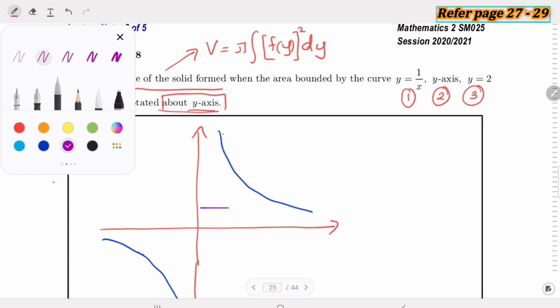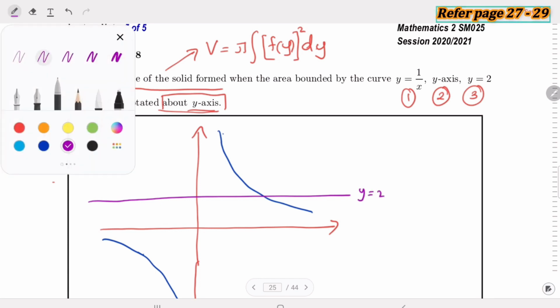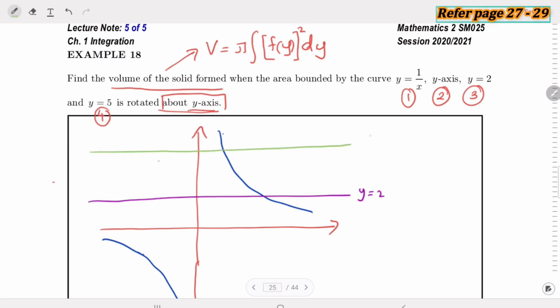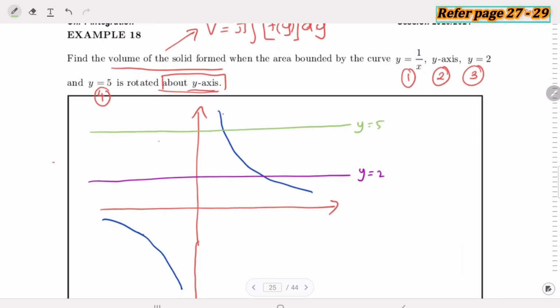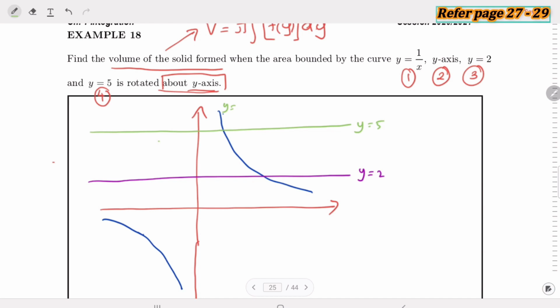Around here is y equals 2, and then y equals 5, the green color. Around here is y equals 5. So these are all the curves involved in this sketch: y equals 1 over x, y equals 5, y equals 2, and the y-axis. Here is the y-axis, here is the x-axis.